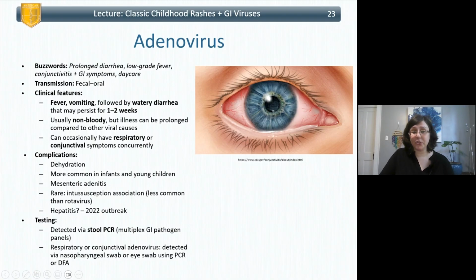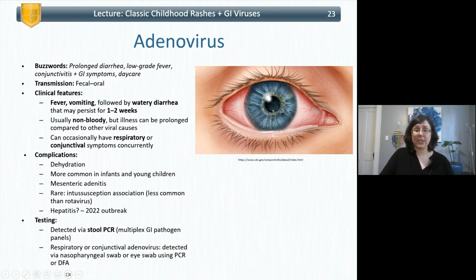Complications include dehydration, most common in infants and young children. You can also get a complication of mesenteric adenitis, so essentially a swelling of the lymph nodes in your mesentery, which can cause some severe abdominal pain. Rarely you can have intussusception, but this is less common than with rotavirus.